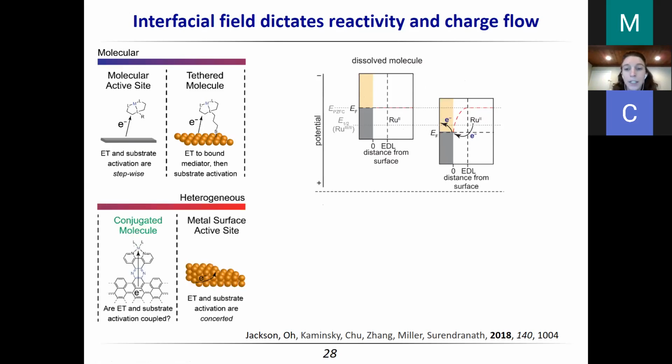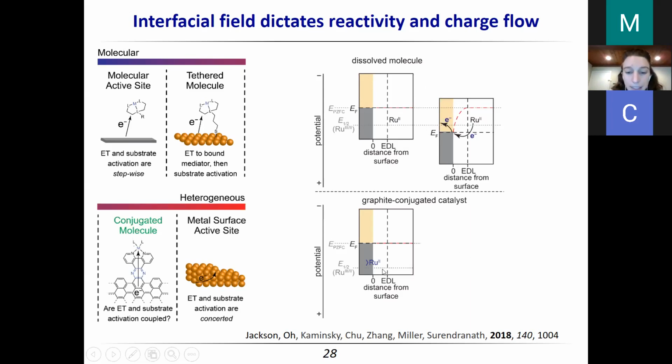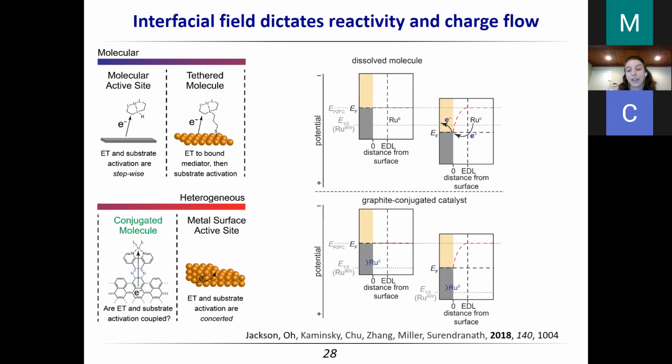But what about on the GCC? In this case, if the ruthenium is electronically coupled to the electrode, now when I apply the potential, I'm applying oxidizing potential, I'm getting below technically the Ru3,2 potential in solution, but if the ruthenium is electronically coupled to the electrode, then when I move the energy of the band states up and down by applying a potential, I'm going to be moving the energy of the molecular orbitals in ruthenium up and down at the same time.